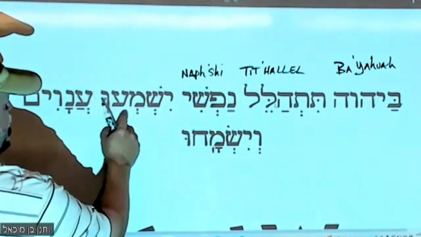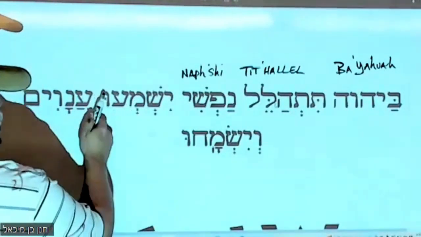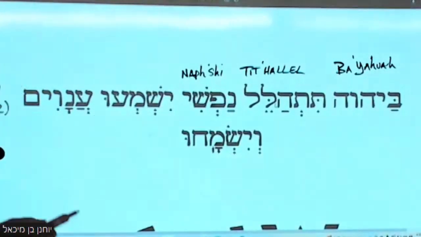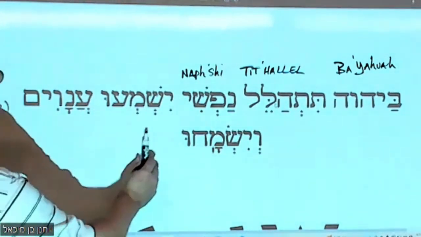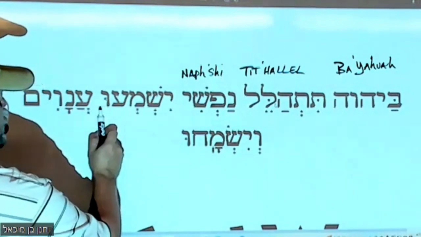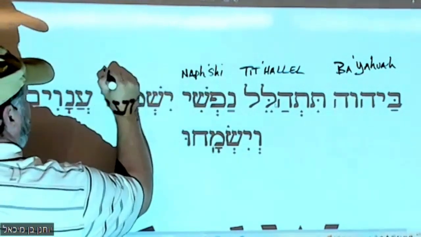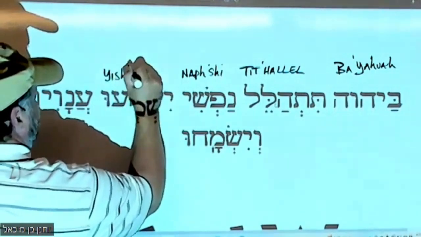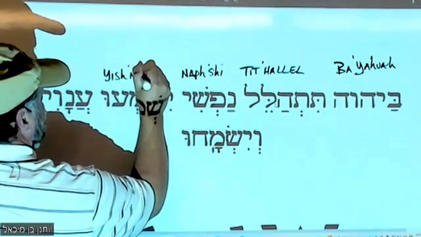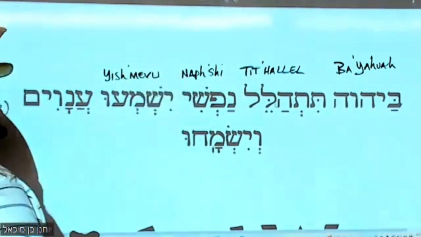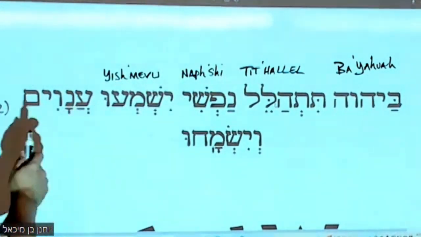So we're just going to carry this meh. And then we have this wa pointed shuruk, but we've got to have a consonant sound. So we're going to use the V sound, right? Because that's coming from the wa. So yish mevu. Yish mevu. All right, what about our next word here?